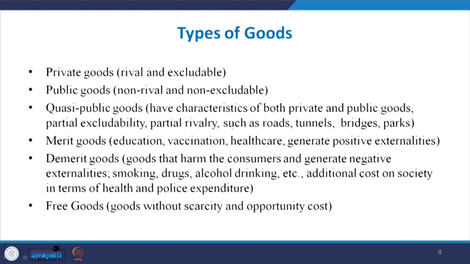For example, if someone acquires education, it not only benefits the person who acquired the education, but it also has some spillover effect on the other members of the society. So, education has positive externalities, and these products must be promoted in order to generate more positive externality in the society.